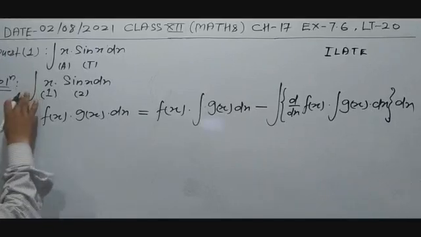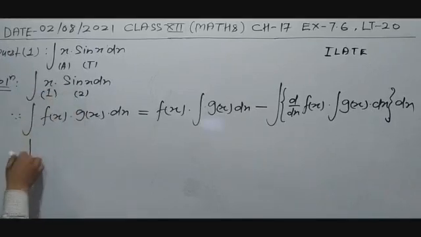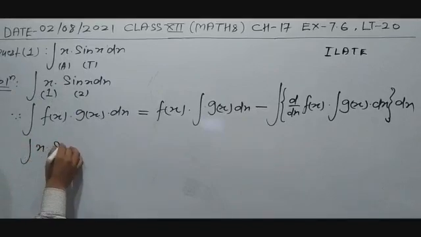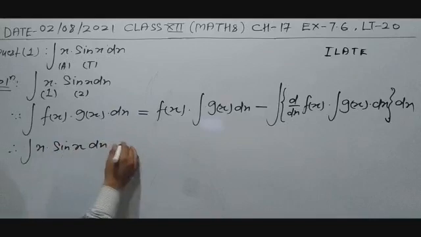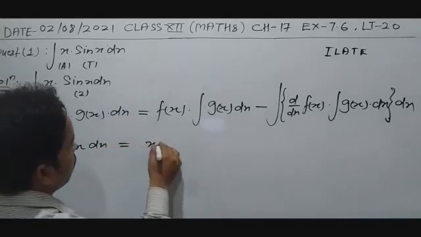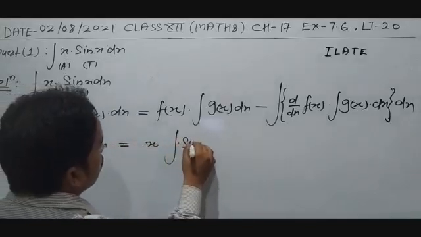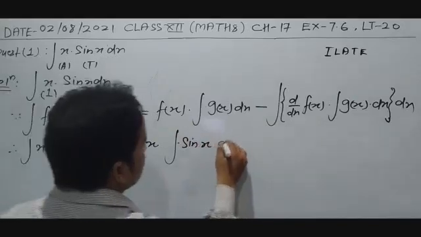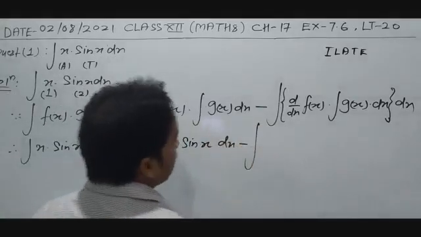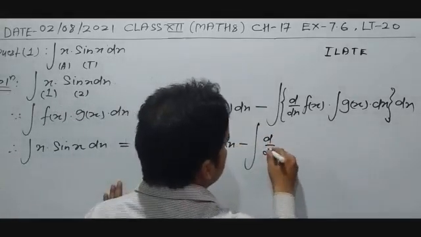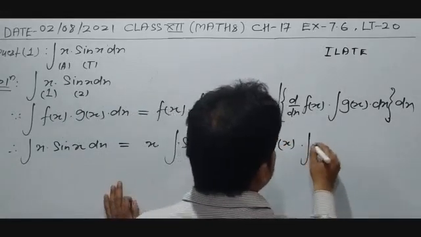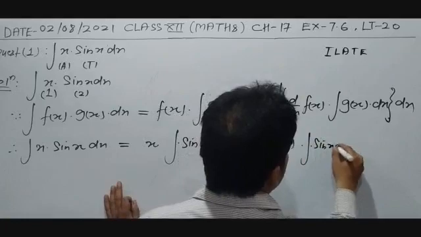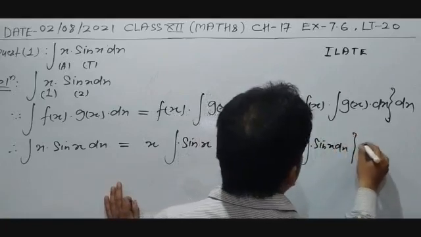Through this formula, the integral of x times sin x dx can be written as x times the integral of sin x dx, minus the integral of d by dx of x times the integral of sin x dx, whole dx.